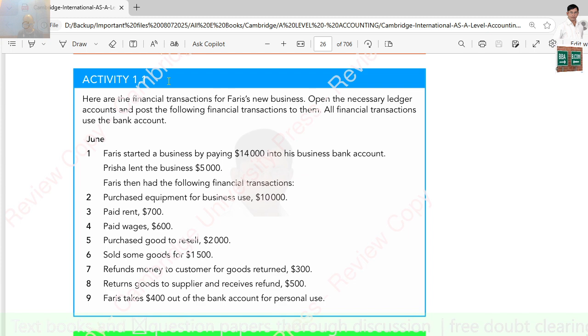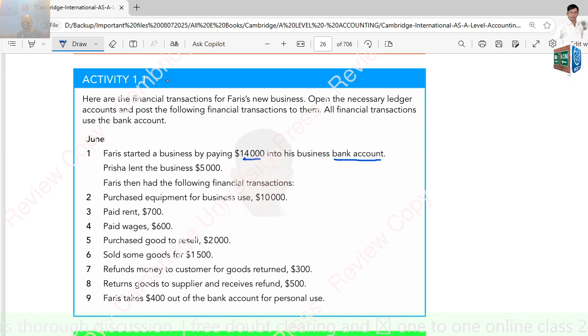So Faris started business by paying 14,000 into his bank account. So what is happening? Money is coming into the bank account. And who is the giver? Faris. So capital.